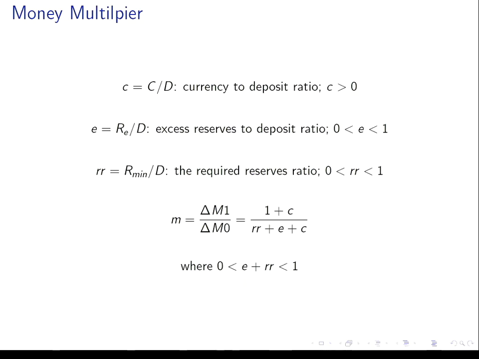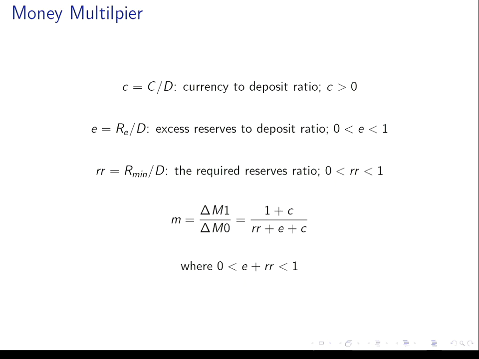And the caveat here is that the excess reserves ratio plus the required reserve ratio is less than 1. What happens if the excess reserves plus the required reserves is equal to 1? It just becomes 1. Yeah, and we are basically in the case of full reserve banking. You're holding all your deposits as reserves, either as minimum reserves or excess reserves.